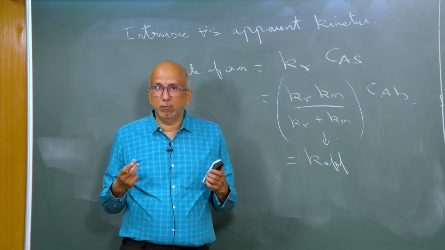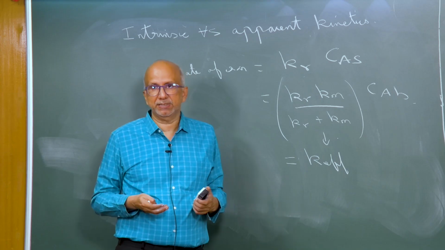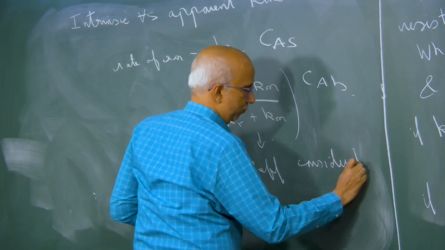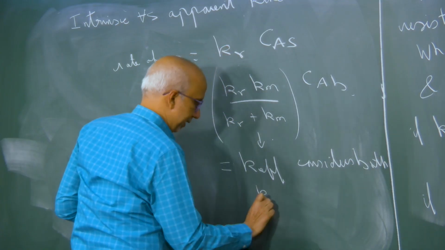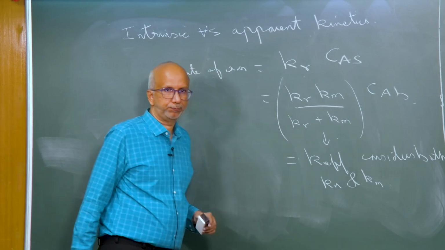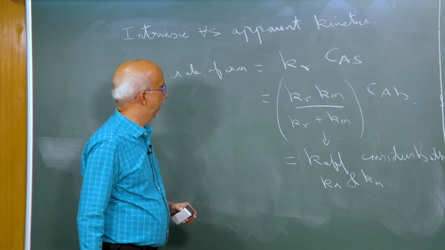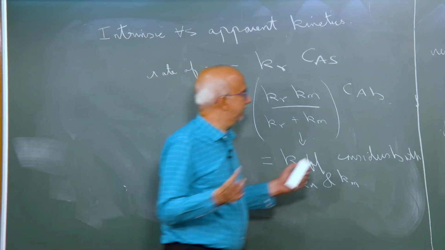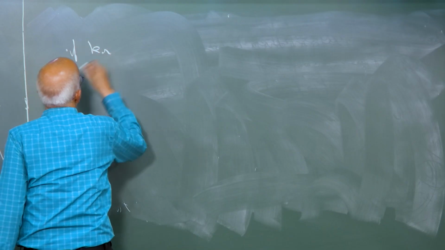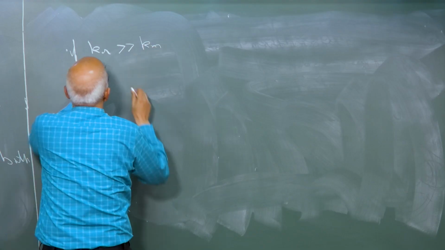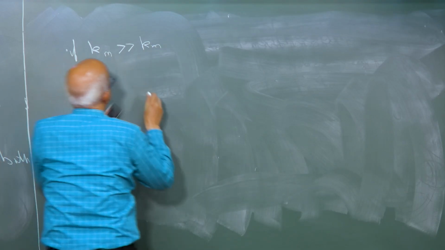It considers both the effects of the reaction rate and the mass transfer coefficient, both Kr and Km, okay. And because of the external mass transfer resistance and the reaction rate which are coupled, let us do the case where Km is much more than Kr.